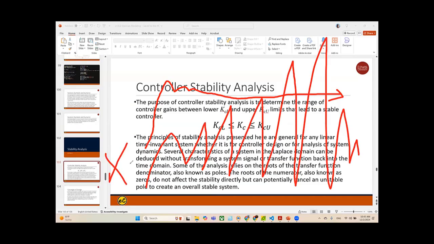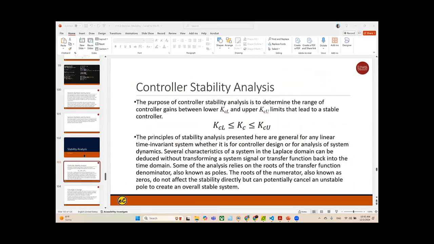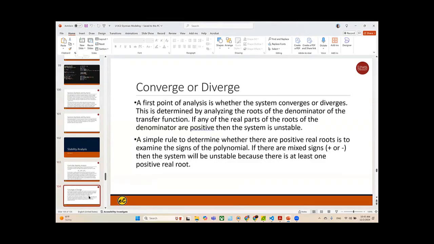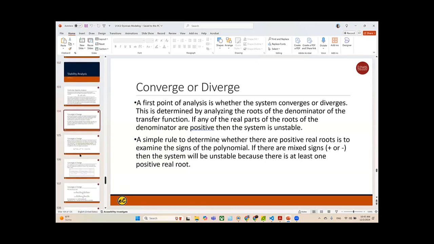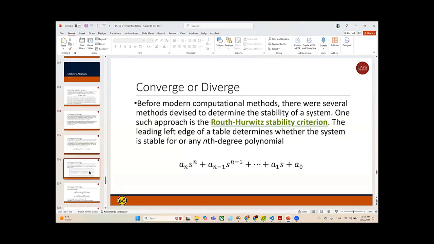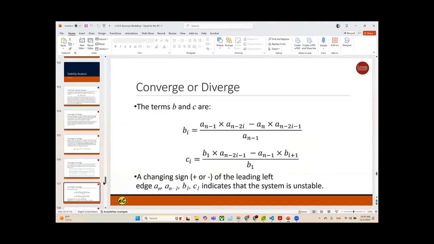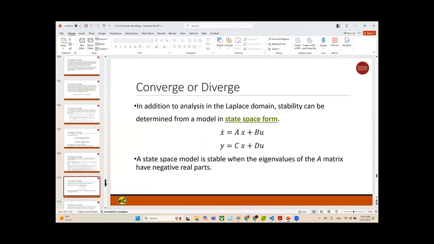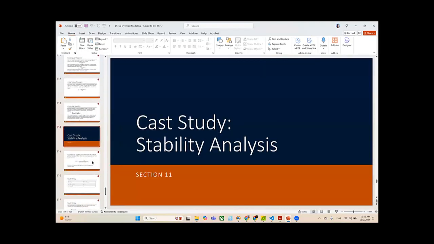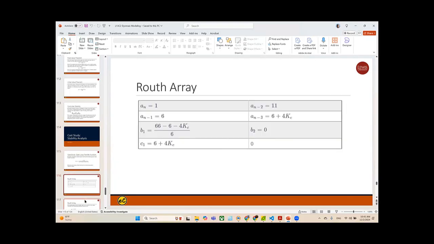A divergent system we say is unstable. A convergent system we say is stable. How fast you can converge is also a concern, and it is all related to your system design. Whether your system diverges or converges is the main issue that we talk about, and here we teach you how a system will diverge or converge. So you will do a stability study.